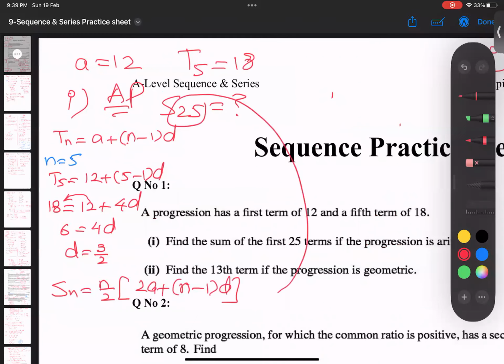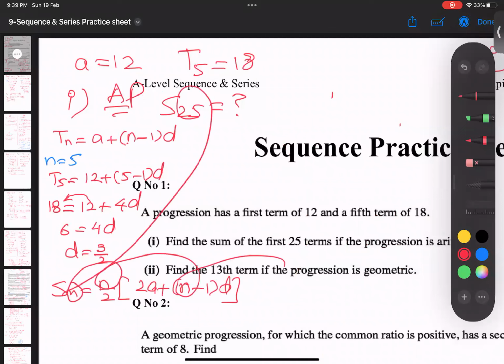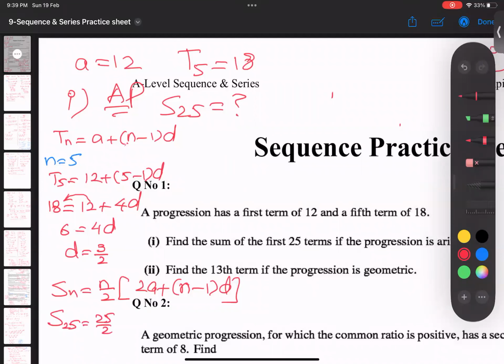Because I'm looking for the sum of 25 terms, every n is replaced by 25. I'm going to replace 25 here, 25 here, and 25 here.